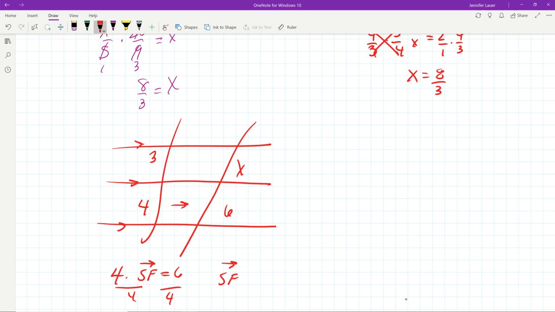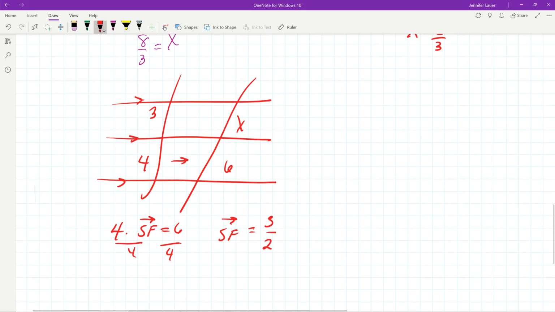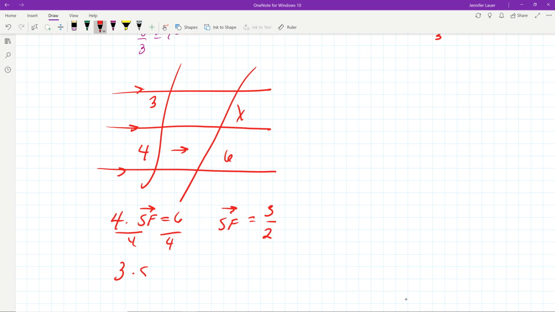Your scale factor is going to be, let's reduce it, 3 halves. Then I'm going to say 3 times my scale factor is equal to x. So 3 times 3 over 2 is equal to x. So x is 9/2.